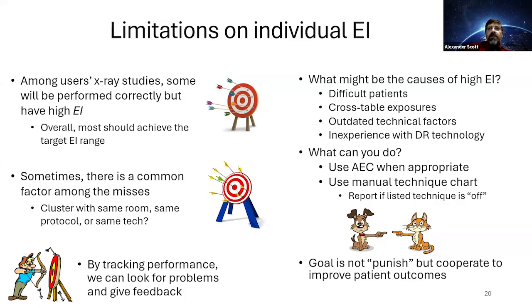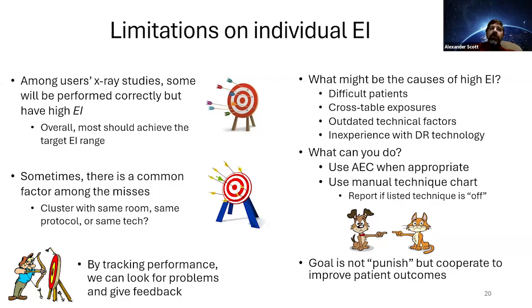Now, there are limitations on using individual EI or reject, and the answer is that we are looking at a large pool of statistics instead of individual exposures. I can say, first of all, there are limitations where the software doesn't report a realistic exposure index.